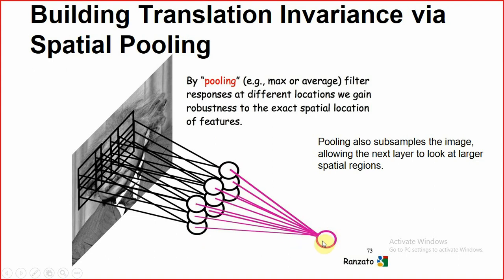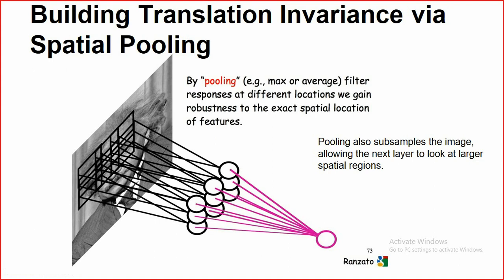Now this neuron shows me there is one eye in a much larger area of the image. Then I can give it to the next layer and extract other types of features from this eye, maybe combine it with the eyebrow, nose and other facial parts in order to recognize the person.